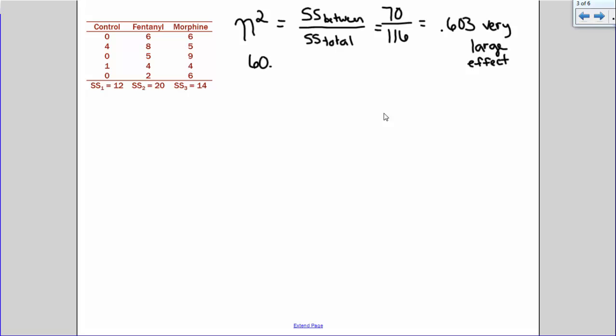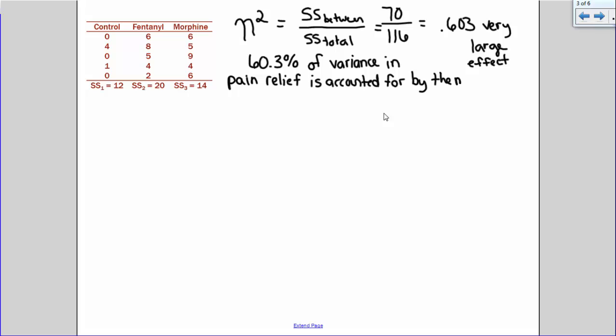We could say 60.3% of the variance, which is really just a fancy word for differences, in pain relief is accounted for or predicted by or due to the medicine condition participants were in, or the medication that they received.